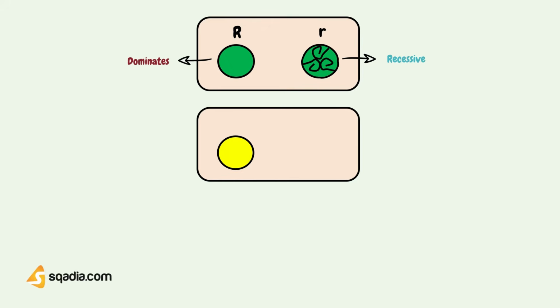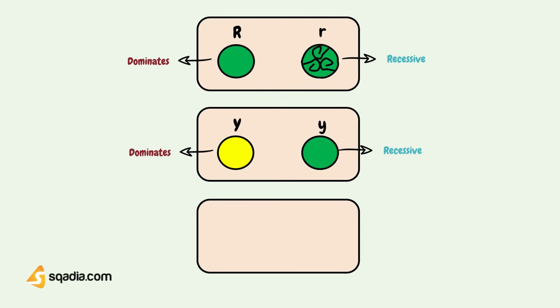Similarly, yellow seed color, controlled by allele capital Y, was dominant over green, controlled by allele small y, which is recessive. A true breeding plant had round yellow seeds with two capital R's and two capital Y's, and a true breeding plant had wrinkled green seeds with two small r's and two small y's.